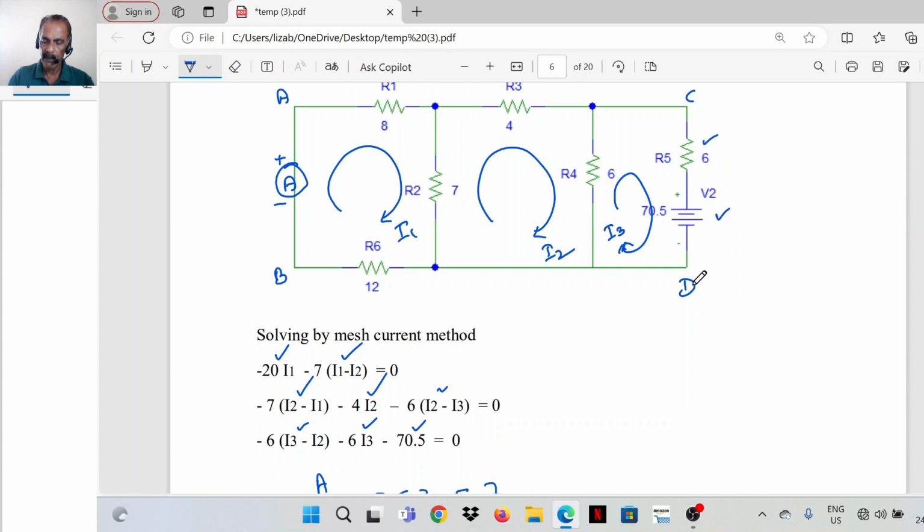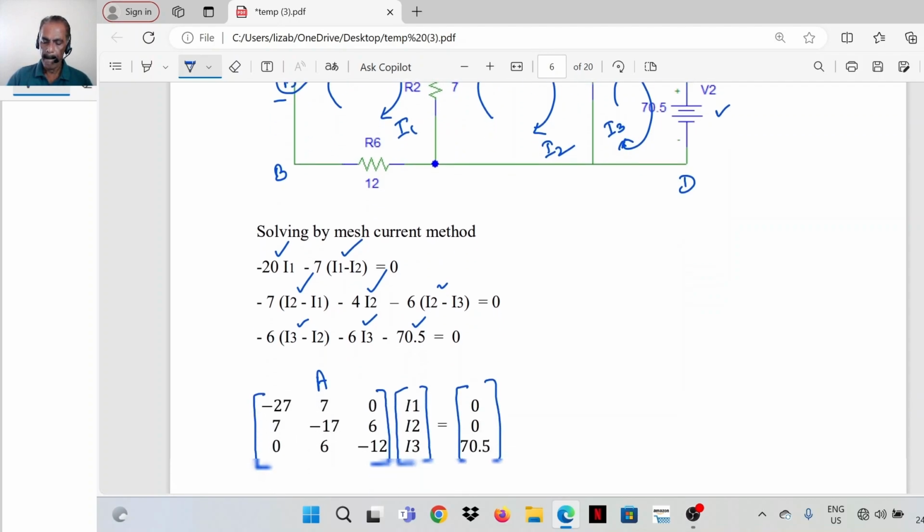The response we found in branch CD. In the second case, the same value of excitation is put here, and we found the response in branch AB. So the excitation to response ratio is 1 in this case.